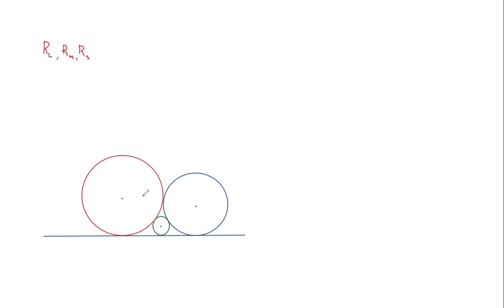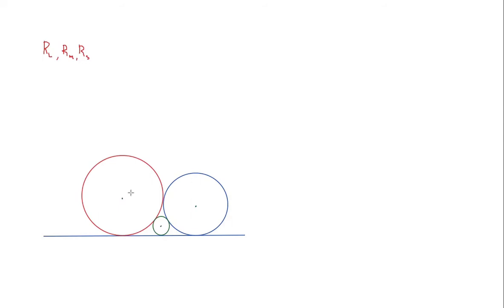So one of the easiest things that we can do is construct right angled triangles. And I'll show you how to do that and how we're going to label the sides. So I'll start with the large circle, and the radius is RL. And I will connect that to the smallest circle first.